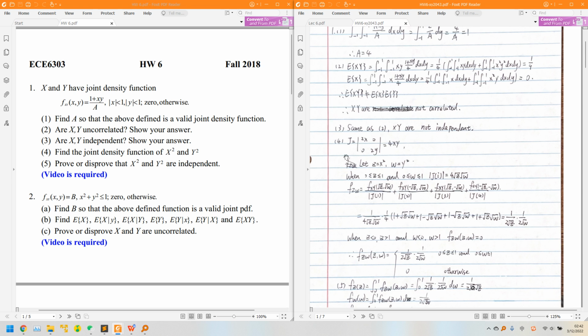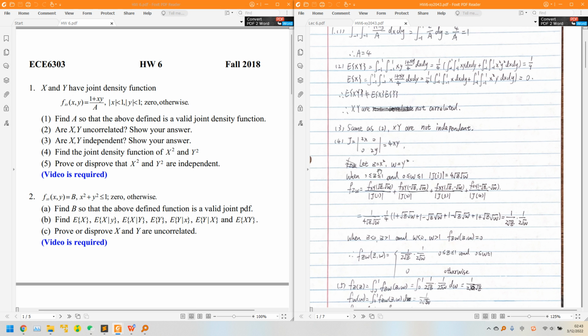For the fourth problem, it asks us to find the joint density function of x squared and y squared. First, we need to calculate the Jacobian matrix using the derivatives, and we get a Jacobian of 4 times x times y.